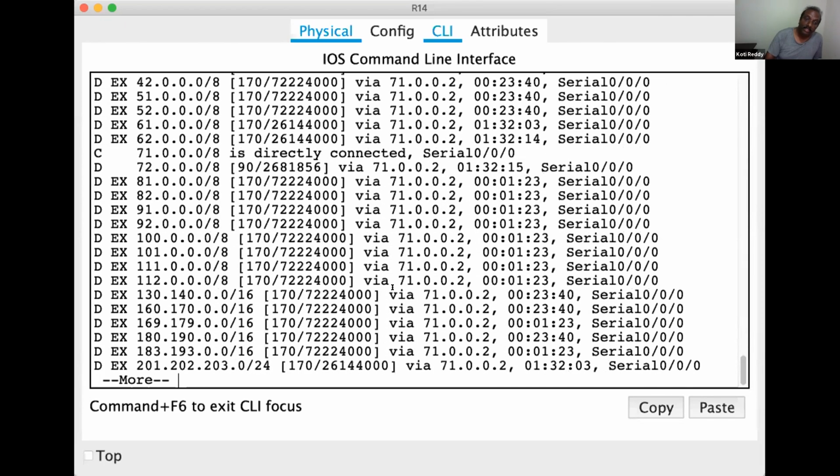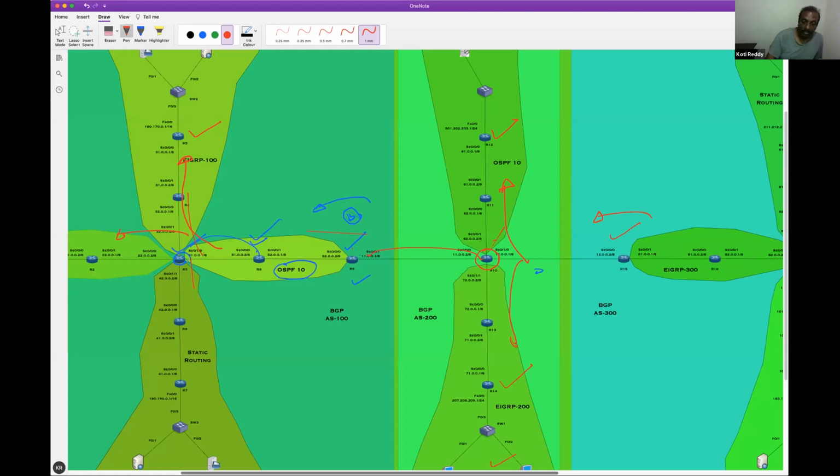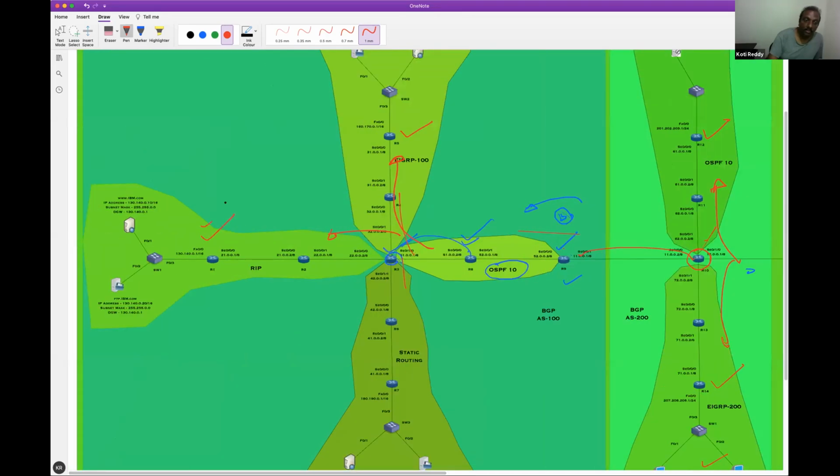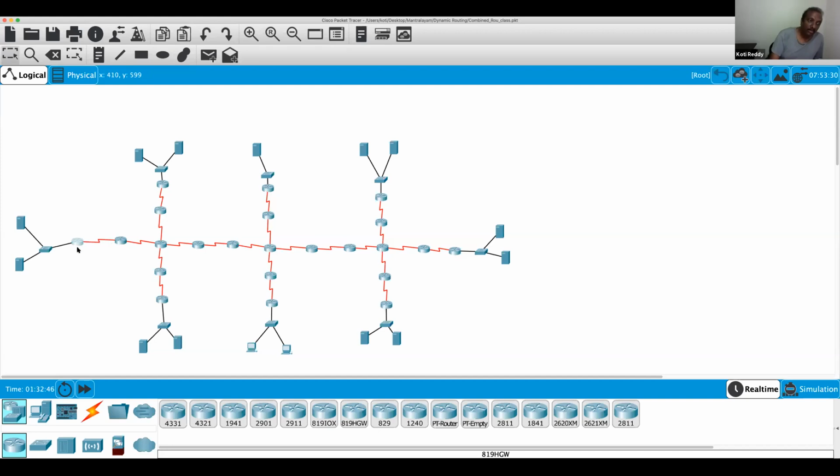You understand now? Not only that, I should see them in ISP1 also. They will come all this way. Even if I go to R1, I should see these routes. I go to R1.